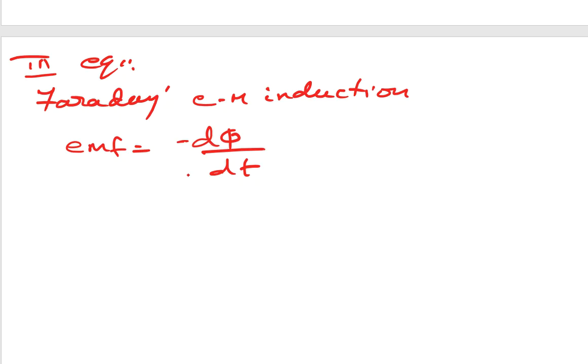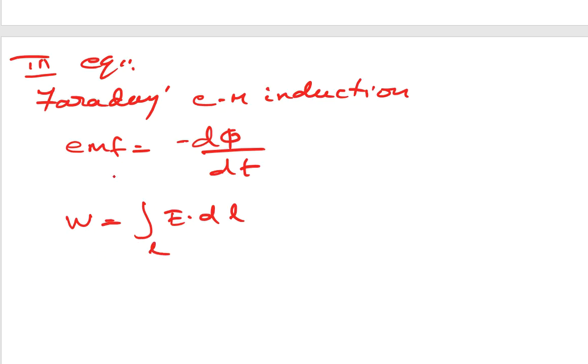So this is Faraday's electromagnetic induction law, and we know that work done, when we are moving a charge, will be equal to E dot dl, where E is the electric force and dl is displacement. So work done is force into displacement over a line.